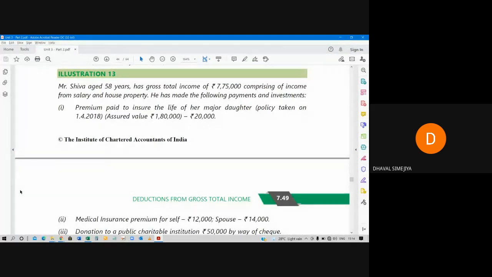Let's do one question, Illustration number 13. Gross total income is given.